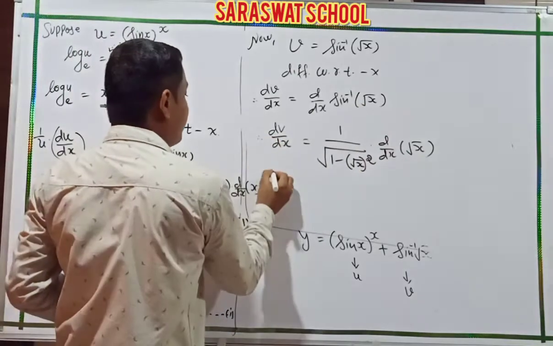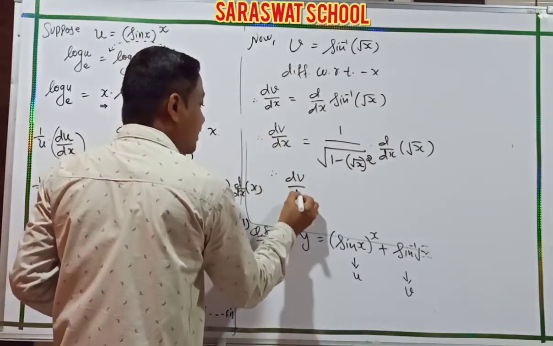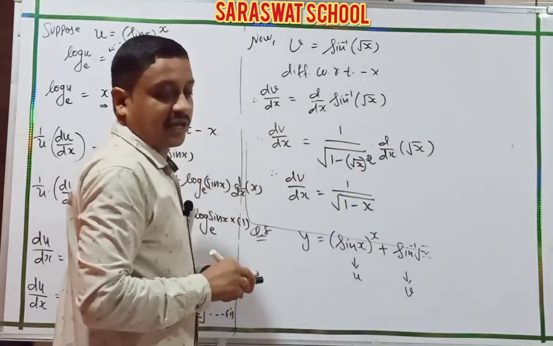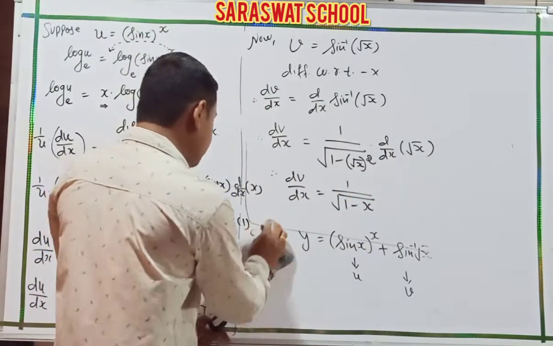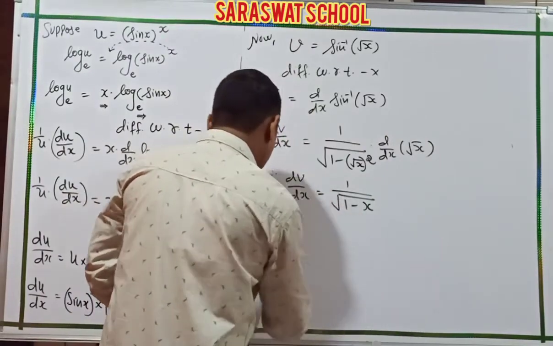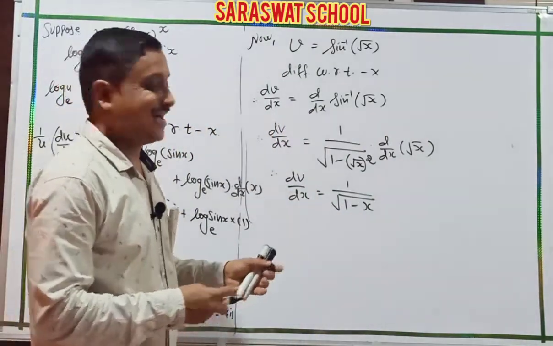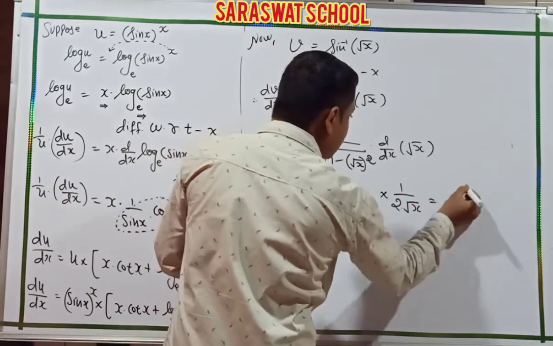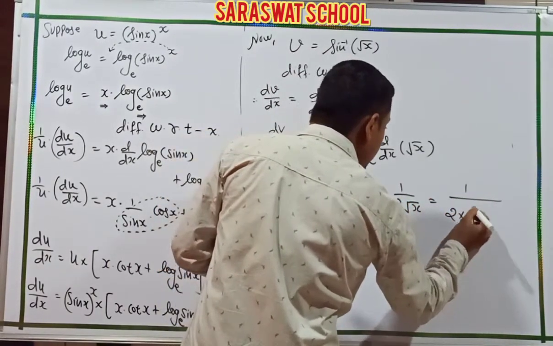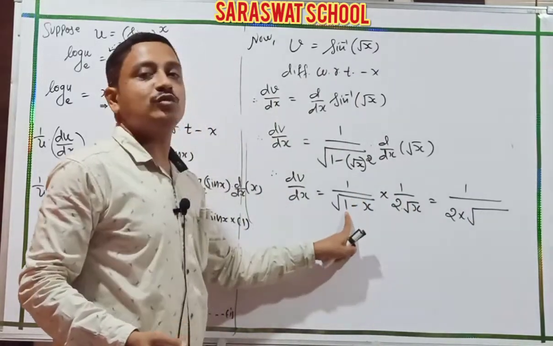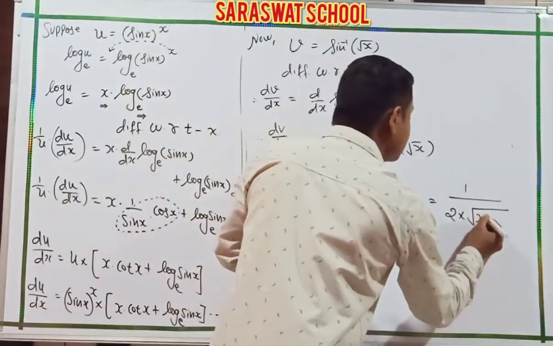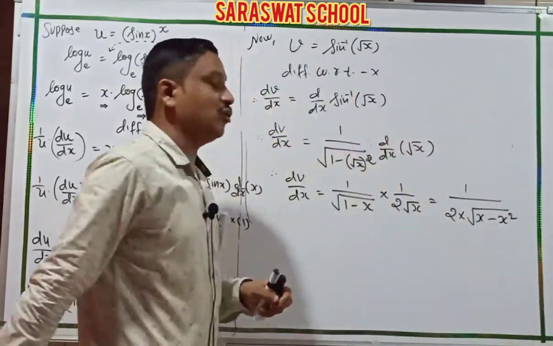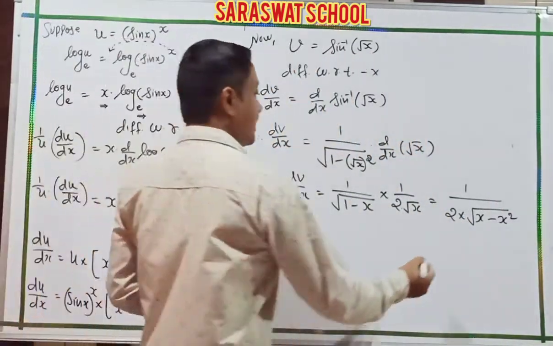So finally, what is dv by dx? 1 by under root 1 minus x, and for the root x derivative, I hope you know it: 1 by 2 root x. And both values you just multiply inside. Root x into 1 is x, and root x into root x is under root of x square. And here students, I stop.